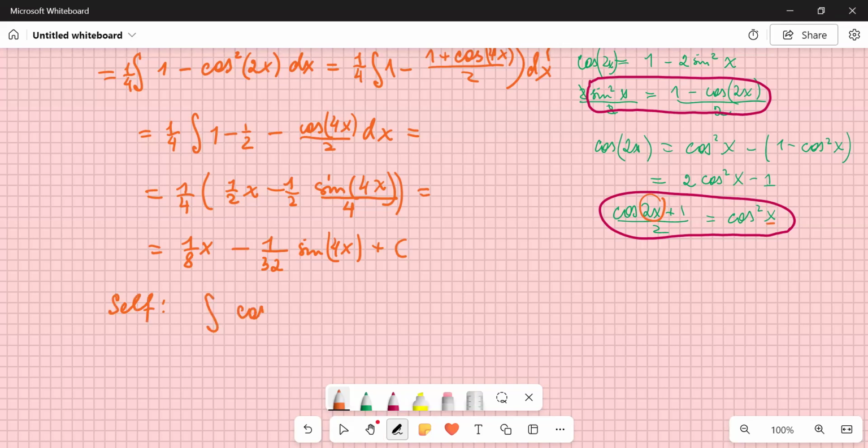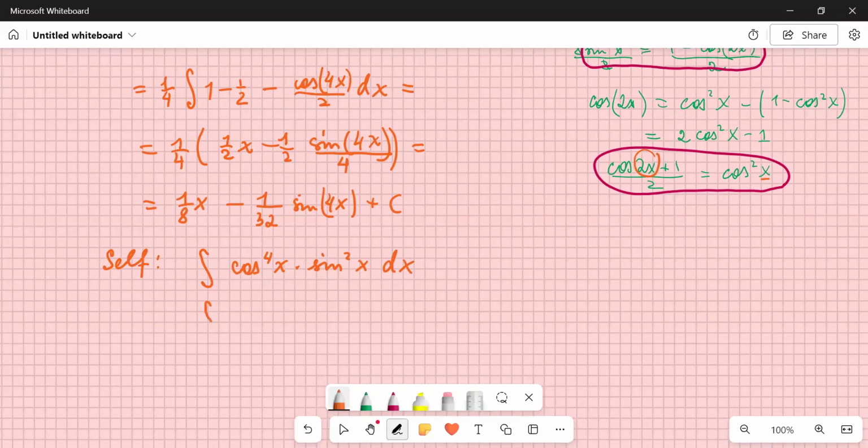Integrate cosine to the power of 4 of x times sine square of x dx. Guys, maybe I'll give you one more problem, because eventually I'll need to know how to do it.